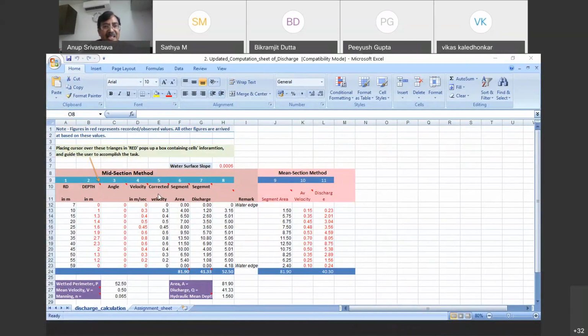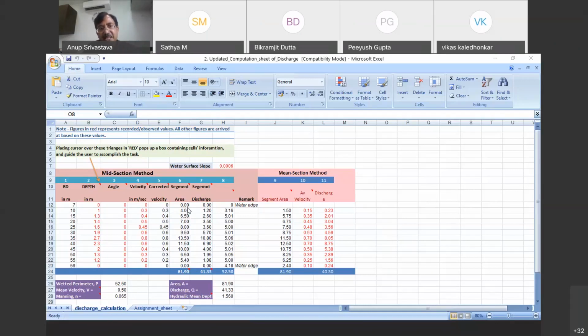In this example sheet, RDs, depths, and velocities are the observed values. The RD we fix by different methods, depths are observed at different verticals, and velocity is observed either at the surface or at 0.6 d. Based on these three inputs, we calculate the discharge for that particular section.